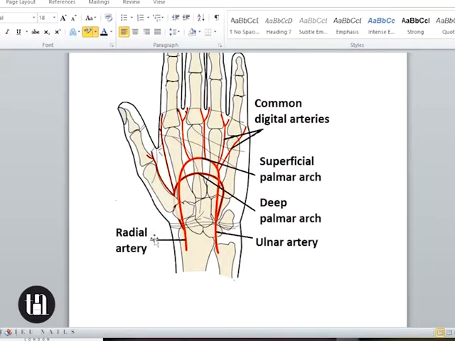So we've got the radial artery near the radius bone, and then we have the ulnar artery near the ulna bone, covering like so. We've got the deep arch, which is just a small arch, and the superficial palmar arch, which is a big one. And you have the common digital arteries, which are small vessels going into the fingers and thumbs.